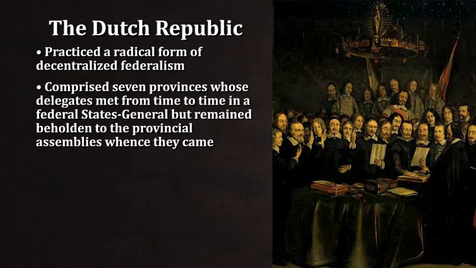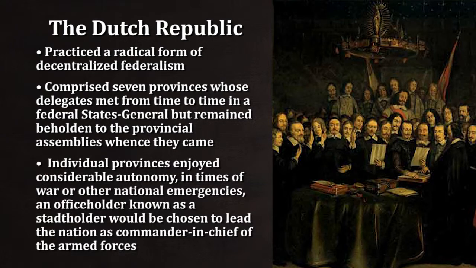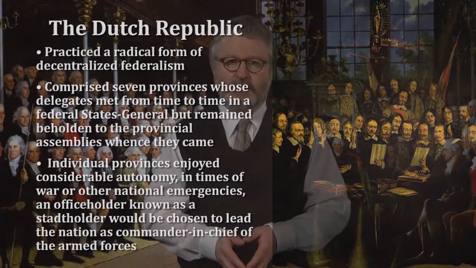As we saw in a previous lecture, the Dutch Republic, also called the United Provinces, comprised 7 provinces whose delegates met from time to time in a federal States General, but remained beholden to the provincial assemblies whence they came. While the individual provinces enjoyed considerable autonomy, in times of war or other national emergencies, an office holder known as a stadtholder would be chosen to lead the nation as commander-in-chief of the armed forces.